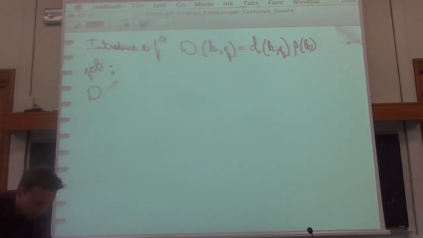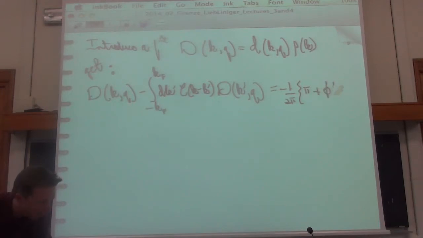So it has essentially a shape that I'll comment on a little bit. d(k,q) minus the integral from minus kF to kF dk' of this Cauchy kernel we had, k minus k', and then d(k',q) is equal to minus 1 over 2 pi times pi plus phi of k minus q.